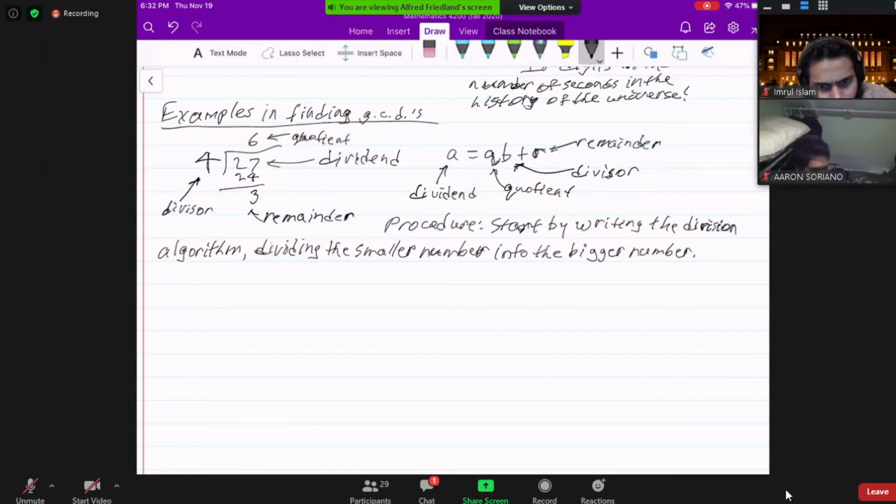And then in each successive step, one after the other, we're going to repeatedly use the division algorithm.